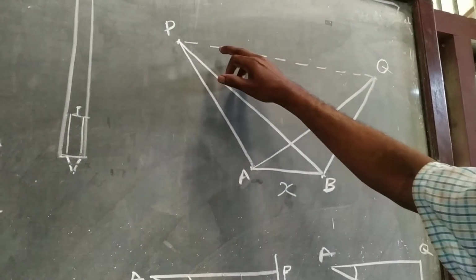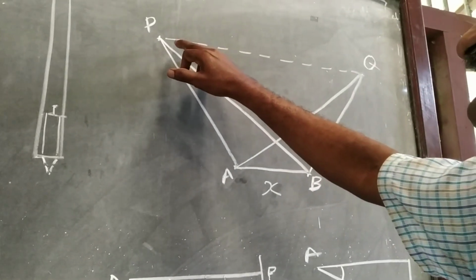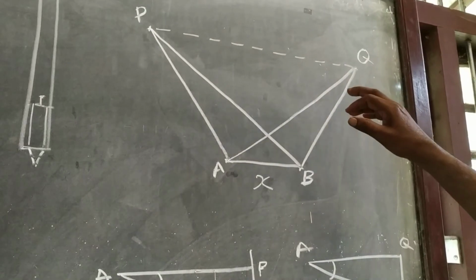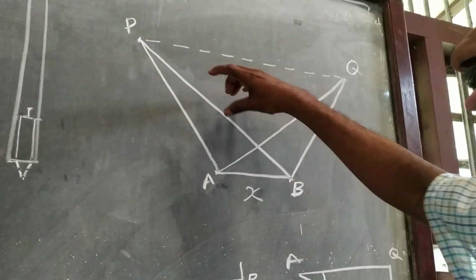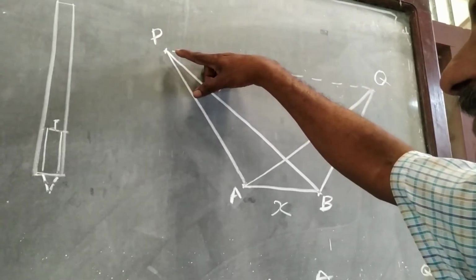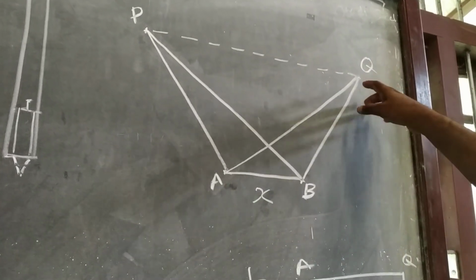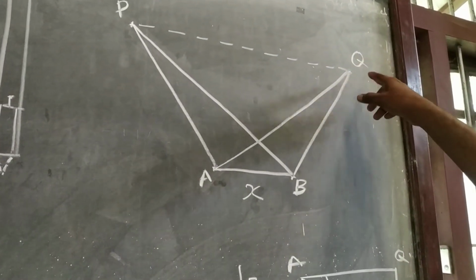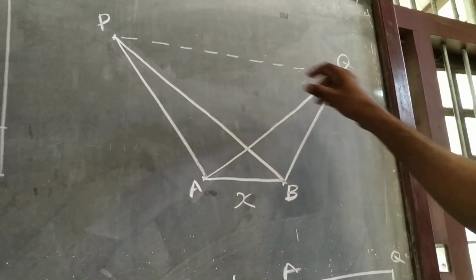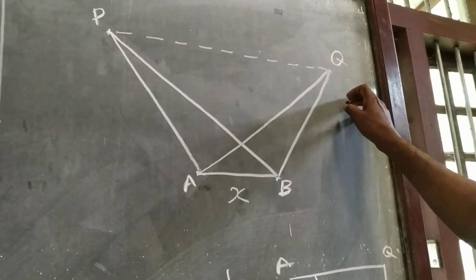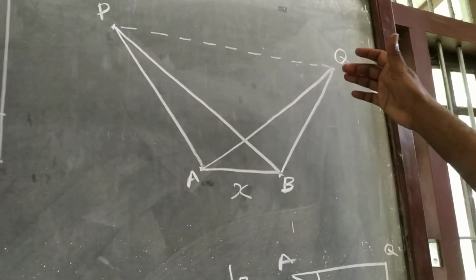From the horizontal angle solution, you can find out the distance between PQ, and from the vertical angle solution, you get the level at P and the level at Q. From these readings, you can find the difference between P and Q. That means the level difference, and you also have the horizontal distance, so you can find out the gradient also.